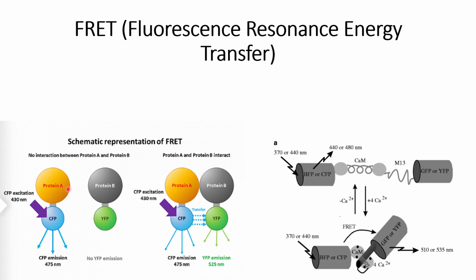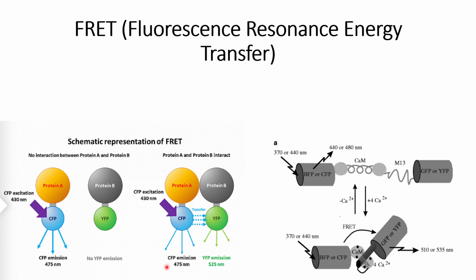So when these proteins are separated apart, the emitted CFP wavelength will not be able to excite this YFP. However, when proteins A and B interact with each other, or when they are close to each other, energy transfer occurs.